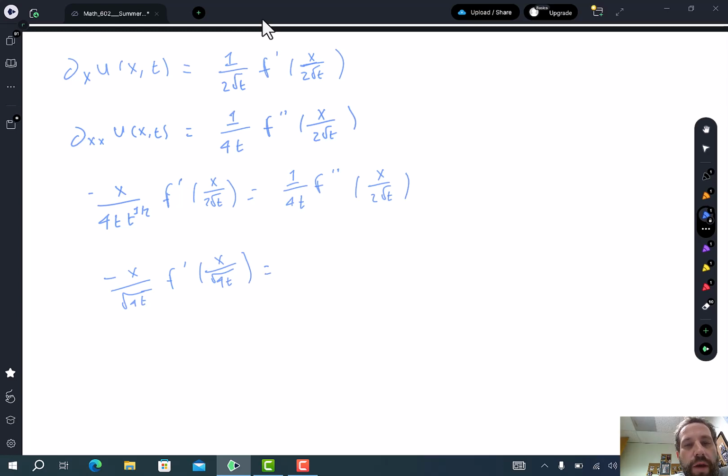Okay, and then over here, if I multiply by 2t, I'm just going to be left with 1/2 times f double prime of x over the square root of 4t.